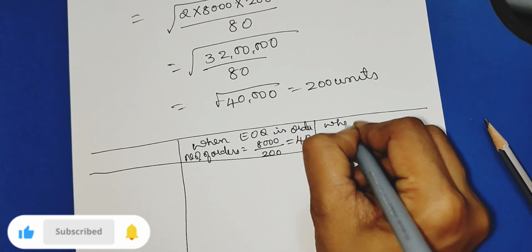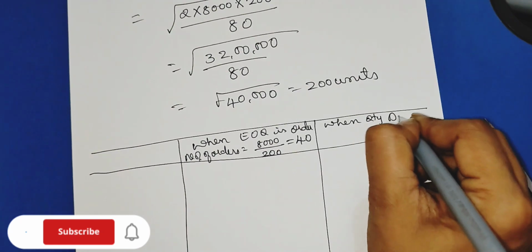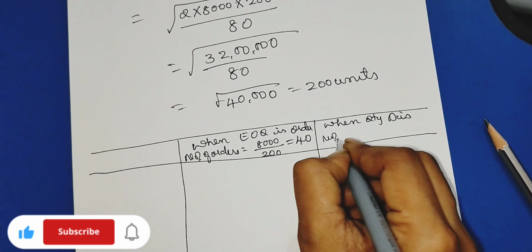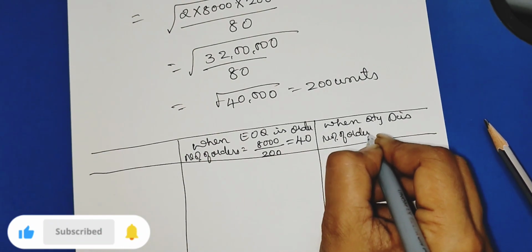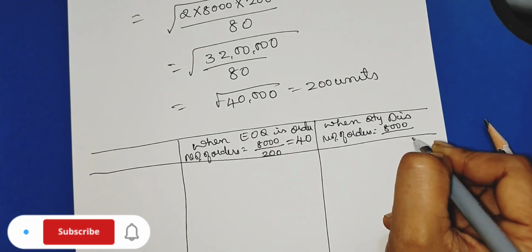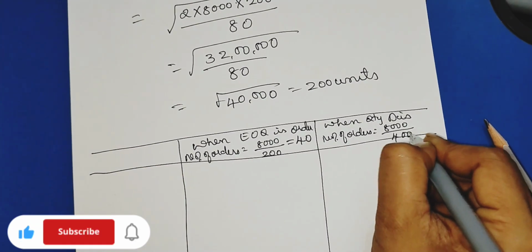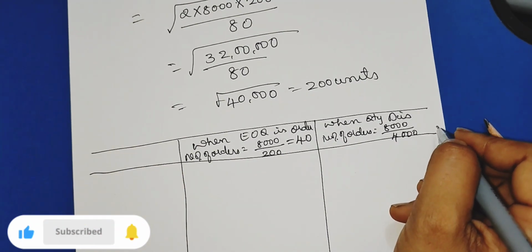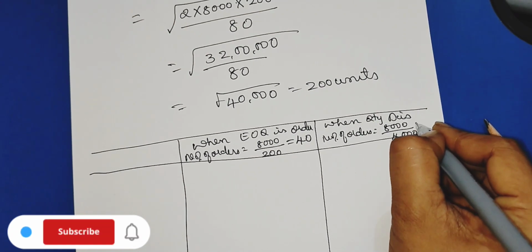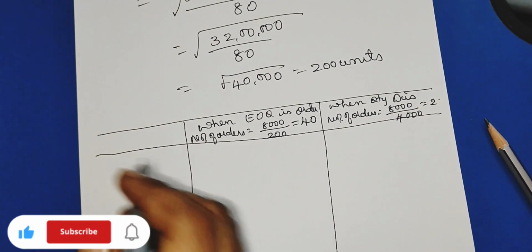Now when they are providing discount, the number of orders: 8000 same units and they have offered size of 4000 components. They are providing 4% on the purchase of 4000 units. Then we can place only 2 orders.